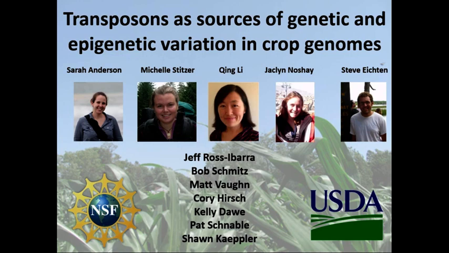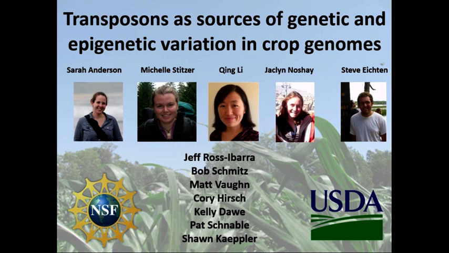It is my pleasure to introduce you Dr. Nathan Springer. Dr. Nathan Springer is a professor, let me see if I remember, a McKnight endowed professor at the University of Minnesota. Sorry about that.